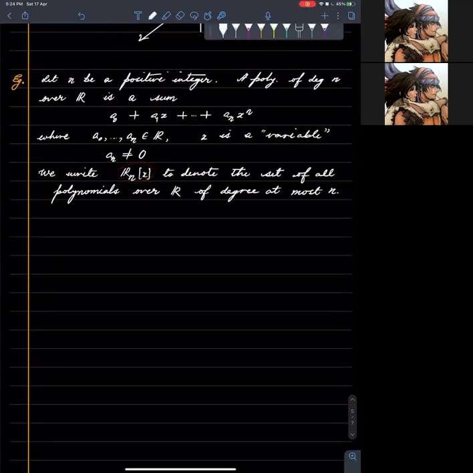We add two polynomials as follows. Suppose I have this polynomial. So this is a polynomial of degree at most n. And we add to another polynomial. So this is defined to be equal to this. This addition should not be confused with this.